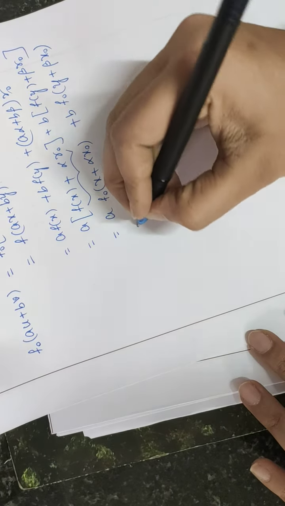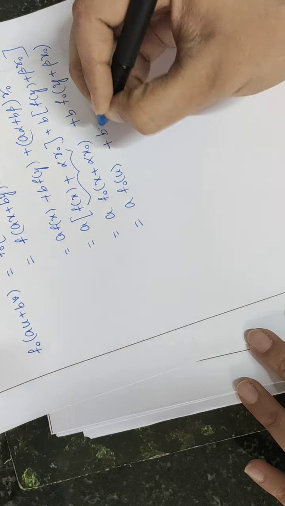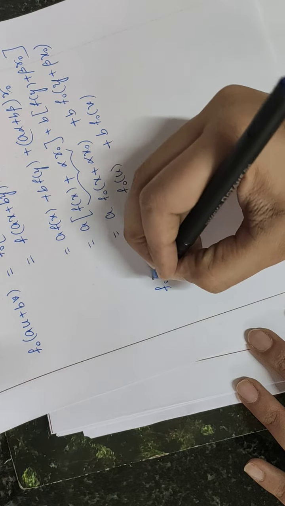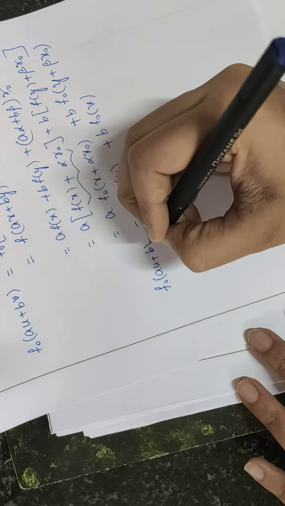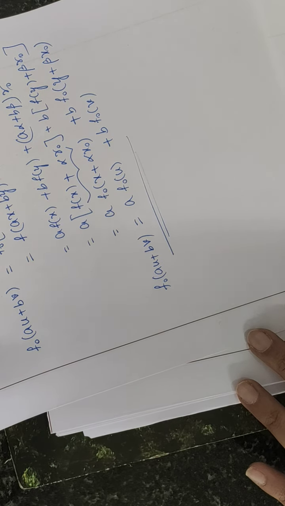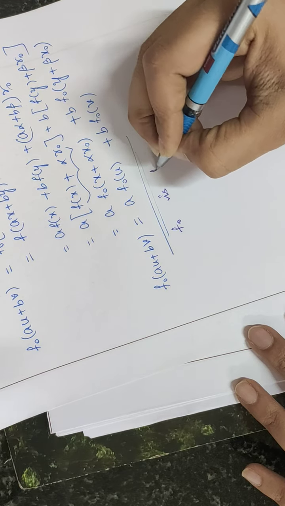So using that, we can write this as a into f0 of u plus b into f0 of v. On the left-hand side we have f0 of au plus bv. So from this, we can say that f0 is linear.